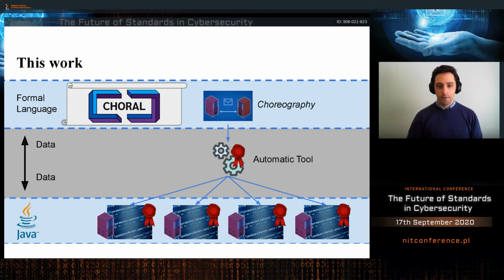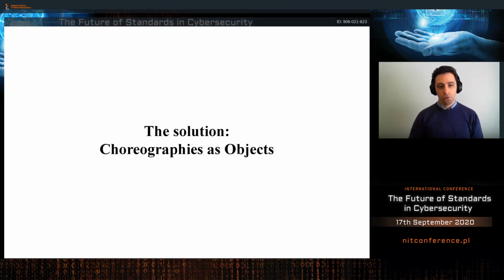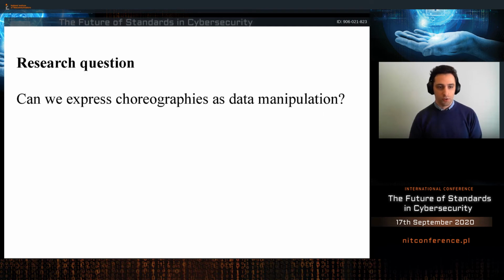So what we are going to do in Choral, and what we want to do in general with choreographies as objects, is to answer the following research question: can we express choreographies, multi-party communication protocols, in terms of data manipulation instead of interaction, as we have been doing for 20, 30 plus years?